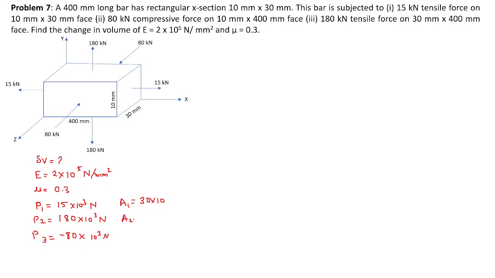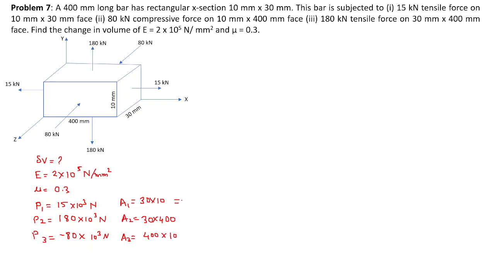Then A2 is for the 180, so this face will be 30 by 400, right? 30 by 400. Then A3 will be for the 80 kilonewton. So which face? 400 by 10.